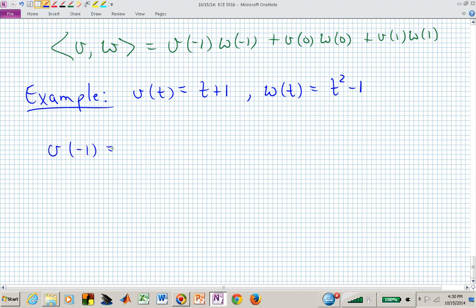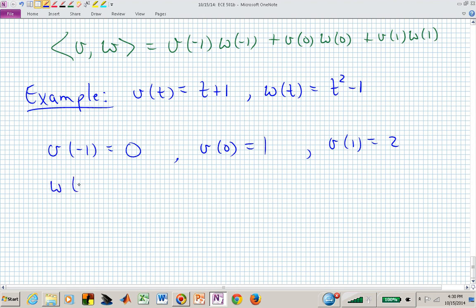V of -1. Now these are difficult problems to do, but it's a late Wednesday afternoon, so we don't want it to be too challenging. This evaluates to what value? That one's 0, isn't it? Then we have v of 0 being 1, and v of 1 is 2.